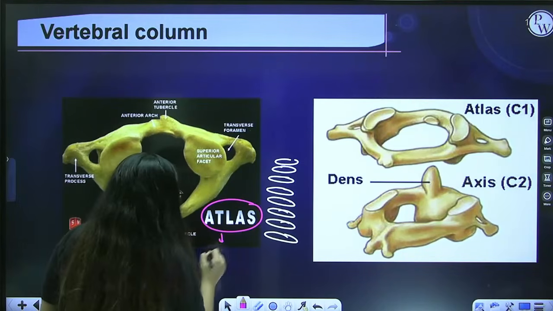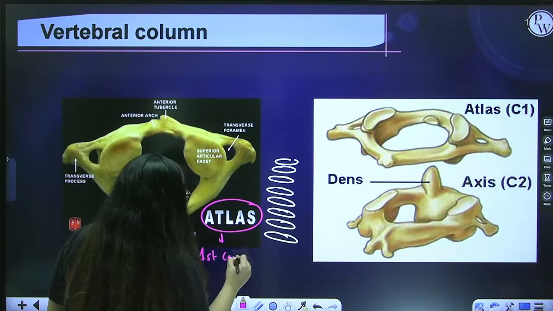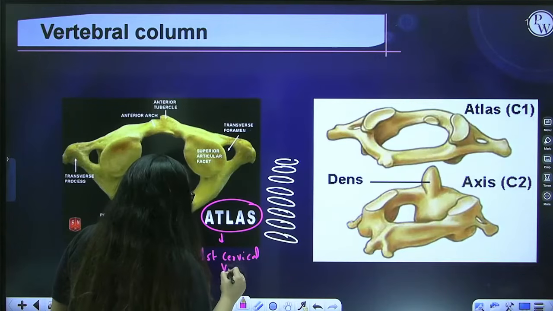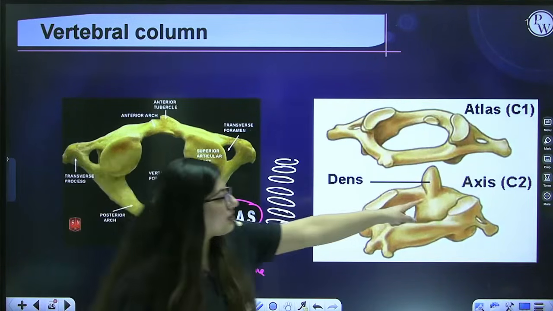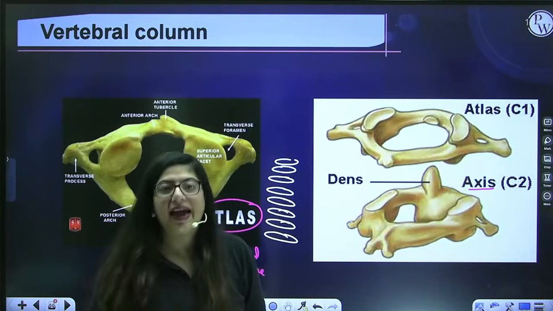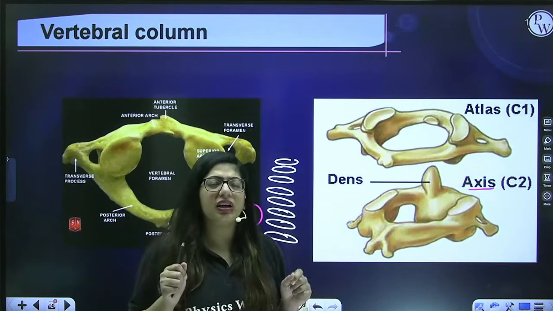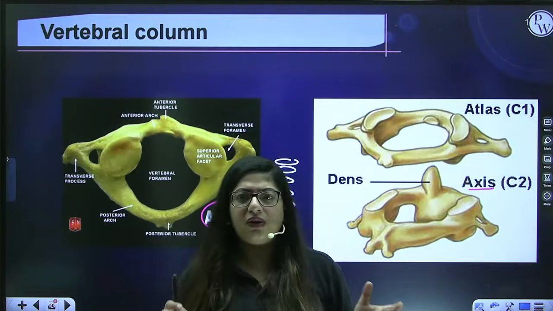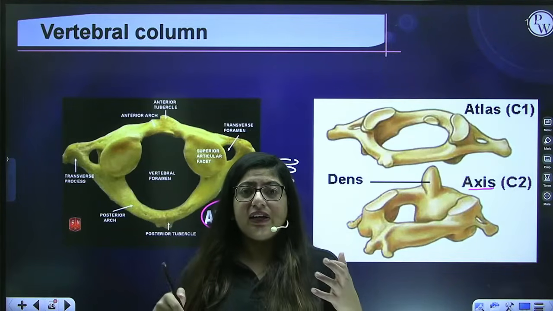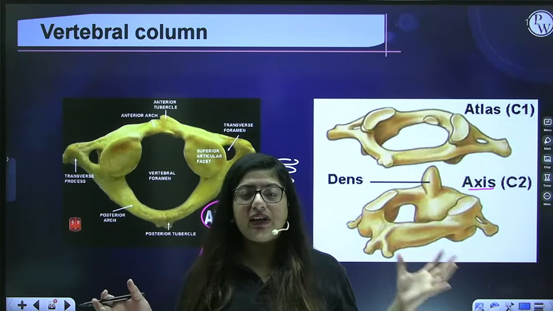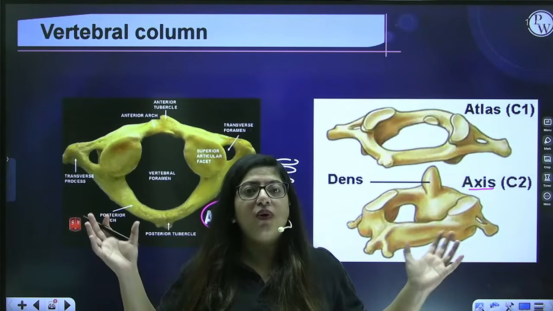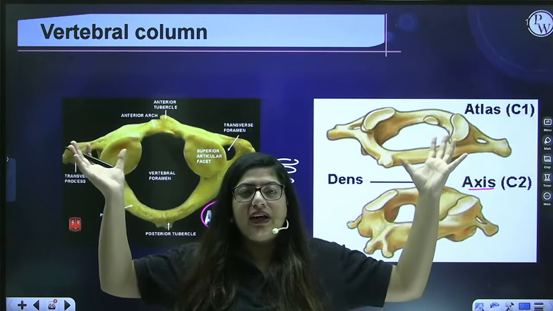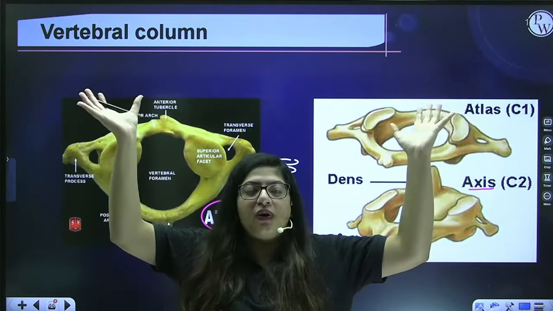The first cervical vertebra, cervicals are in the neck, is known as atlas. And the second is C2, as it is written here also, that is axis. Atlas was in Greek mythology. That was a person or god, I don't know exactly. It is believed that he held the entire earth on his shoulders.